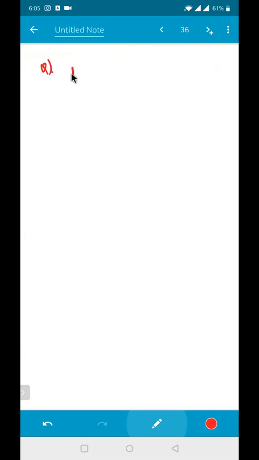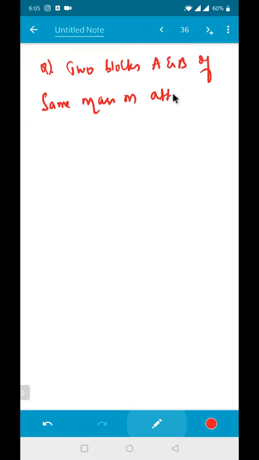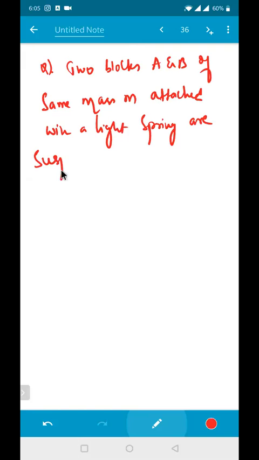See this question, beta. Two blocks A and B of the same mass M are attached with a light spring and suspended by a string.